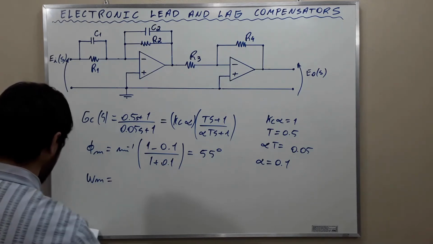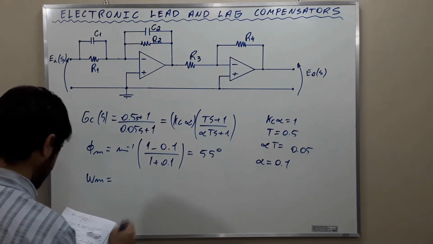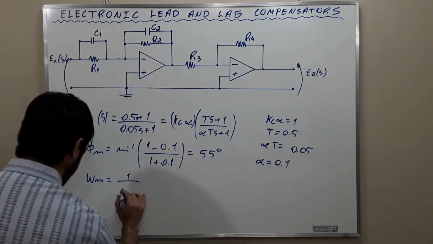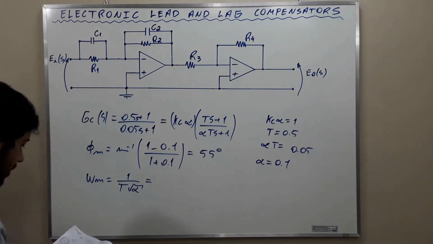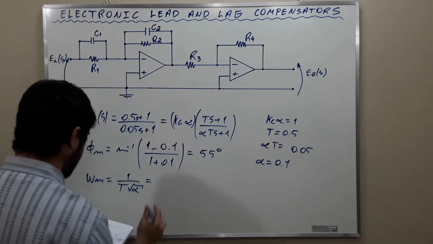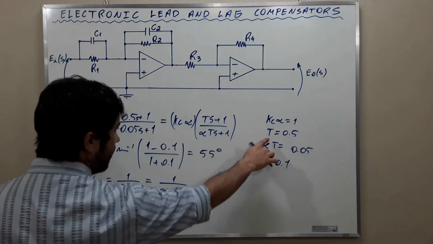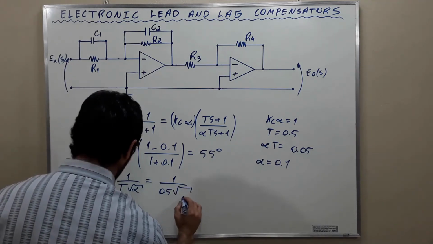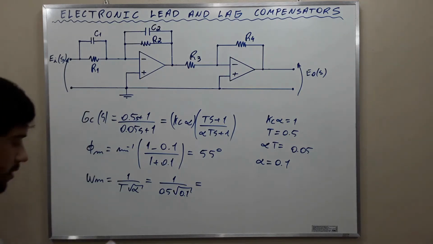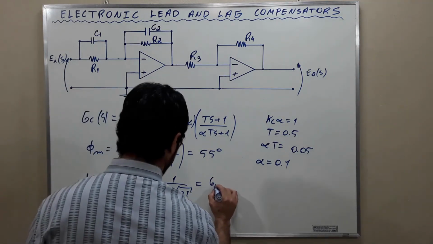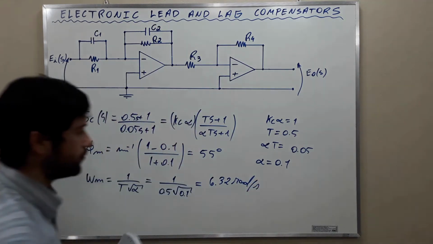And the frequency at which this angle occurs is Wm equal to, as we said before, 1 over T times the square root of alpha, and then here we get that it is 1 over 0.5 times the square root of 0.1, and this is 6.32 radians per second.